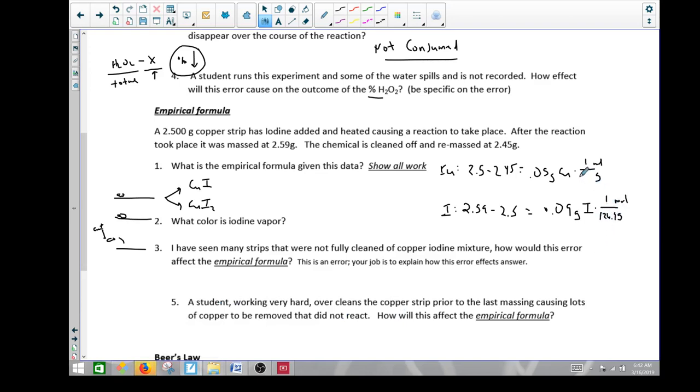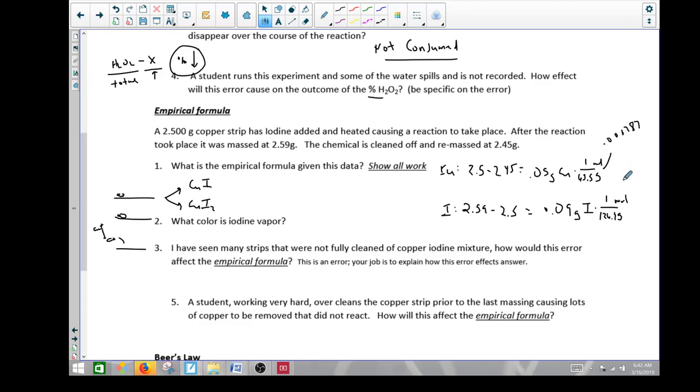Now the math. 0.05 divided by 63.5, good enough, is 0.000787.